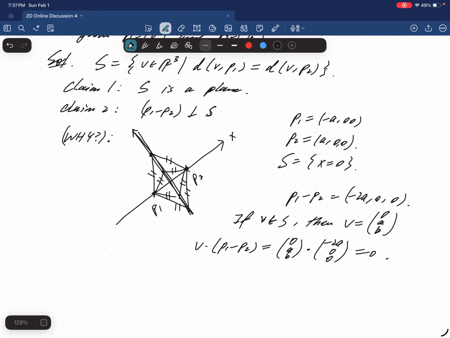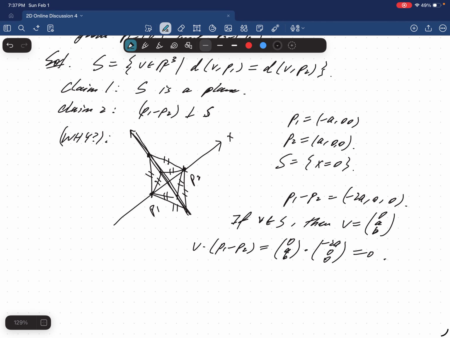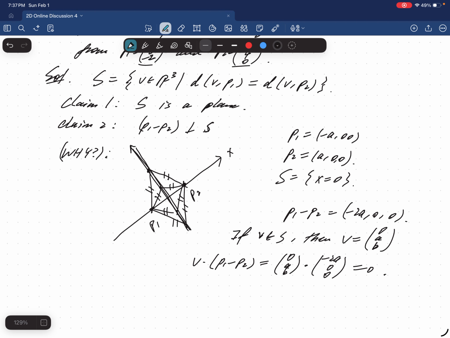And because I rotated everything simultaneously, both my claim 1 and claim 2 still hold, right? Because if you rotate a plane that is perpendicular to the difference vector between P1 and P2, this plane is still going to be perpendicular to the difference of P1 and P2. So my claim 1 and claim 2 hold for my general S here.